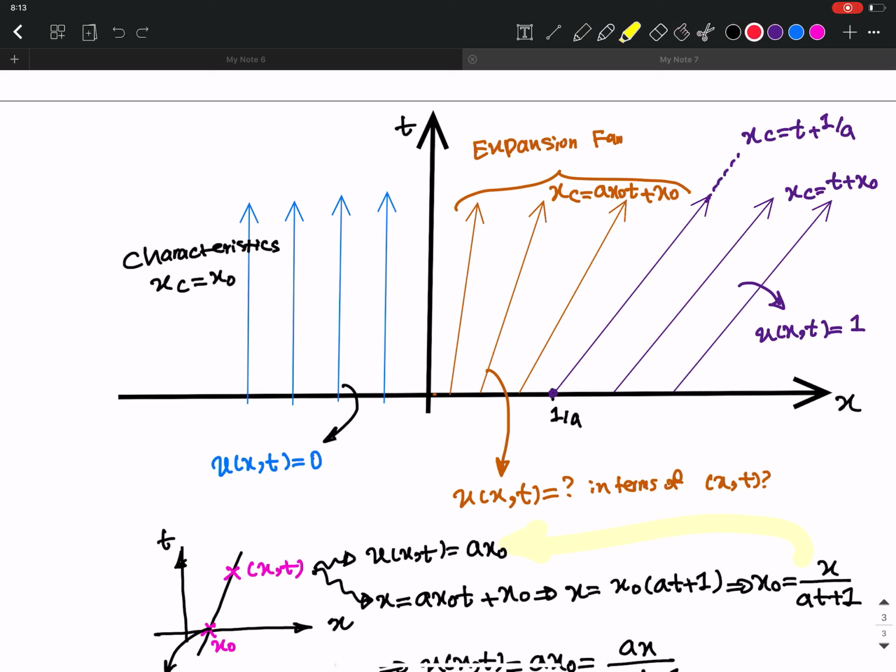So this is going to be 3 regions. The first region is this region. The second region is here, defined by this characteristic line here.